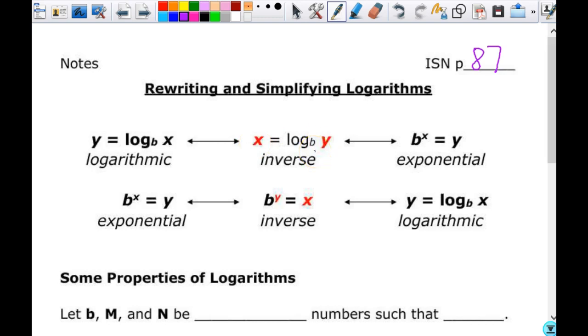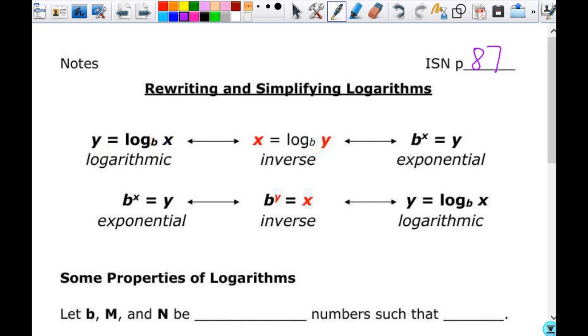Make sure that you understand that that is different than just rewriting the log, because I think some of us got that mixed up last time. It's not that they are equal. If I am just trying to rewrite this log as an exponential, then it's b to the y equals x. So that's how we get it; the inverse is just that with them switched.